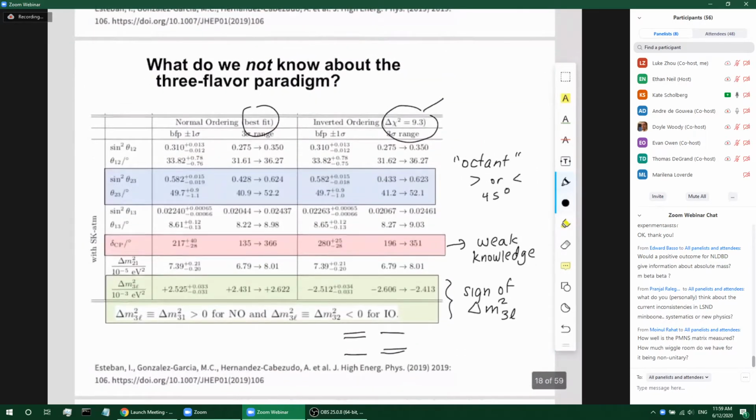So this is how well it's measured; you can see the uncertainties. It would be interesting to make a graphic to show the size of the uncertainties. But yes, there's plenty of room to push down on the precision of the parameters to look for something weird.